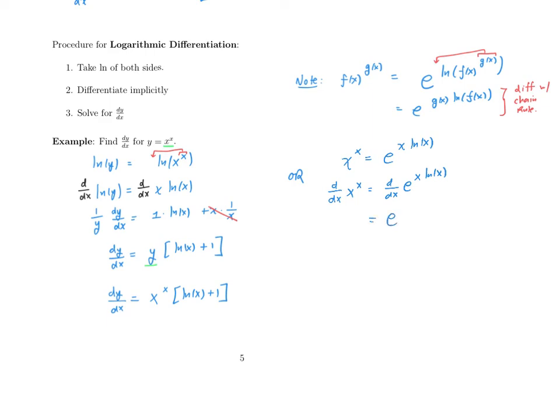We take the derivative of the outside function evaluated at the inside function multiplied by the derivative of that inside function. And note, just so that we're not recreating the wheel, e to the x natural log of x is precisely x to the x.